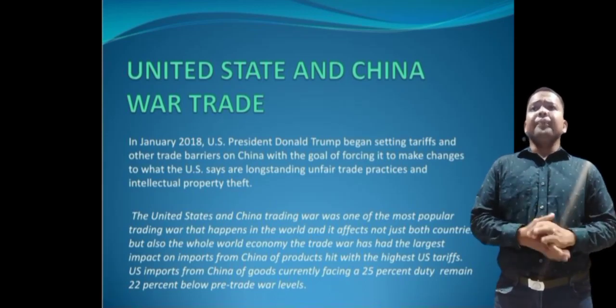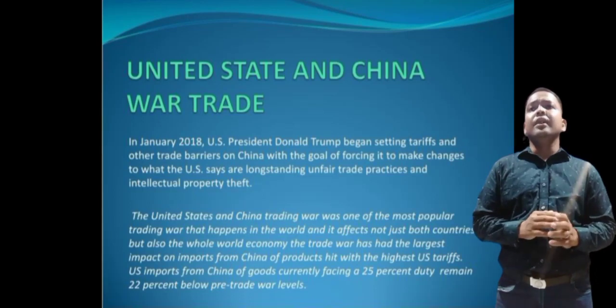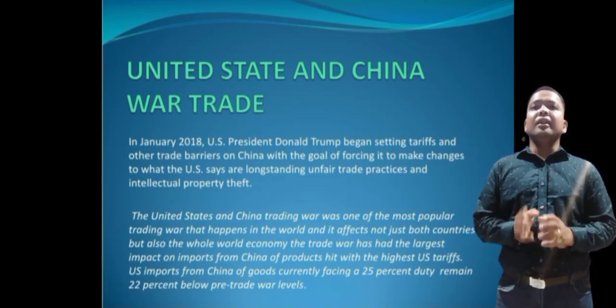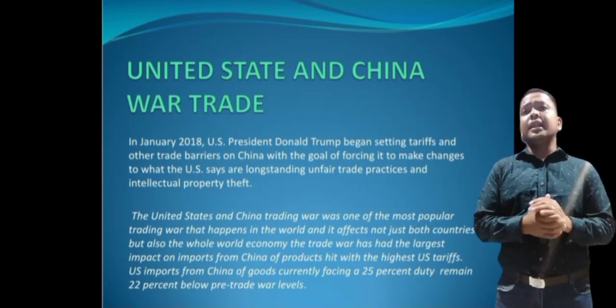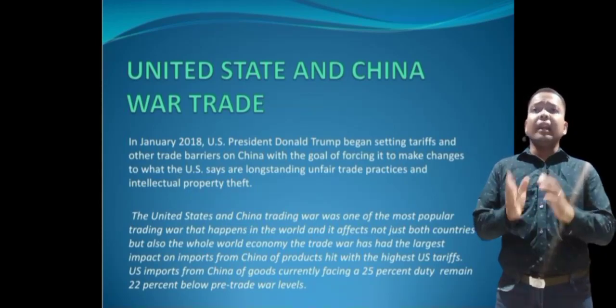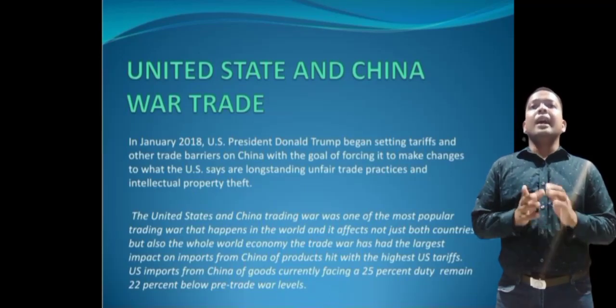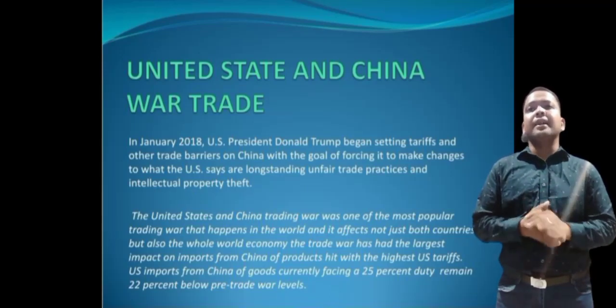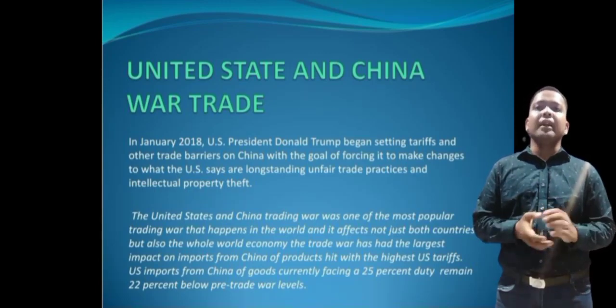In response, the United States has imposed tariffs on Chinese goods, and China has responded with its own tariffs on US goods. So this trade war between the two countries has had significant economic impacts, with businesses and consumers in both countries feeling the effects.